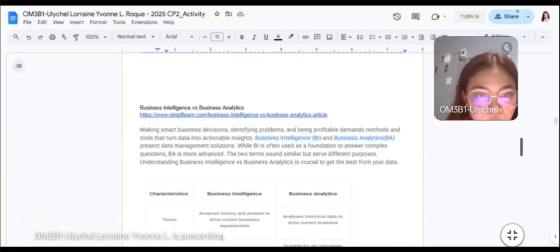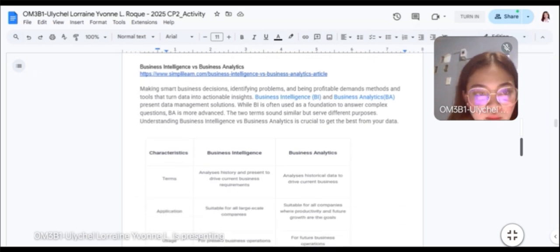We also have here the differences between business intelligence versus business analytics. Making smart business decisions, identifying problems, and being profitable demands methods and tools that turn data into actionable insights.